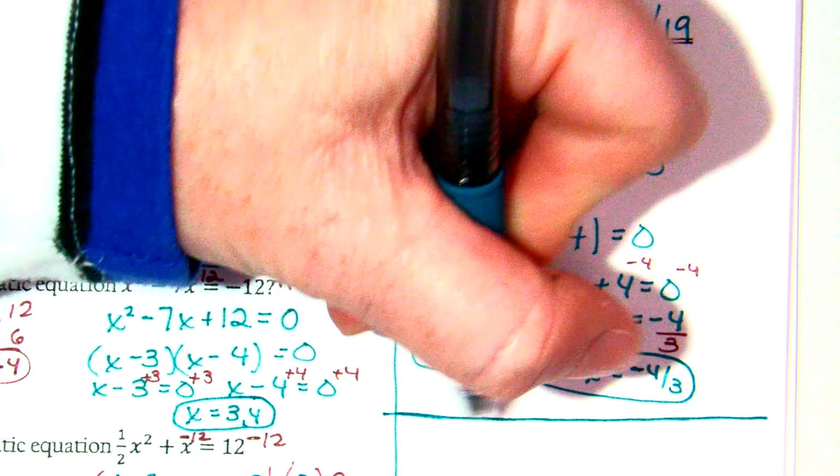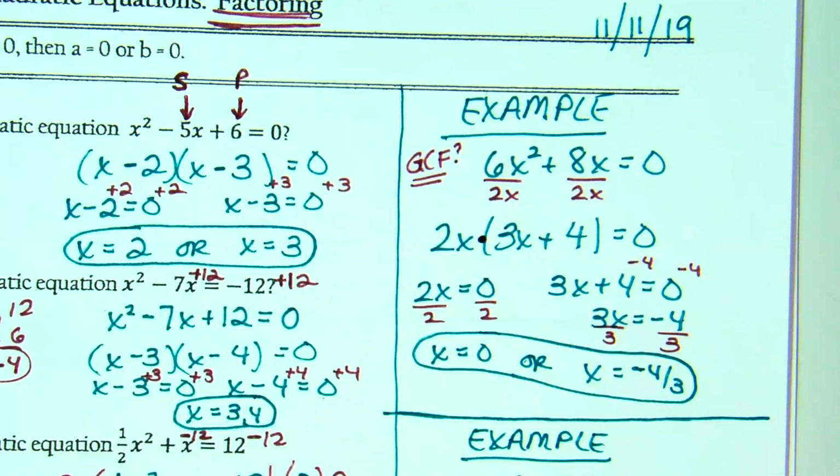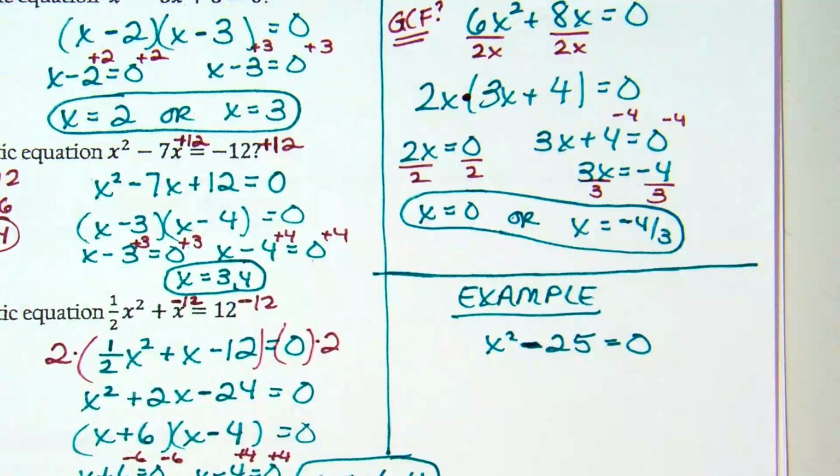Okay. I have one more I want to show before I go to the bottom part. So see if you have another little room you can use here. In this example is x squared minus 25 equals 0.